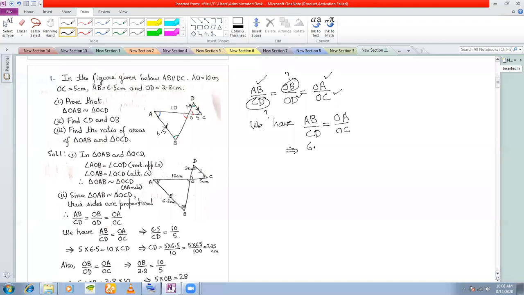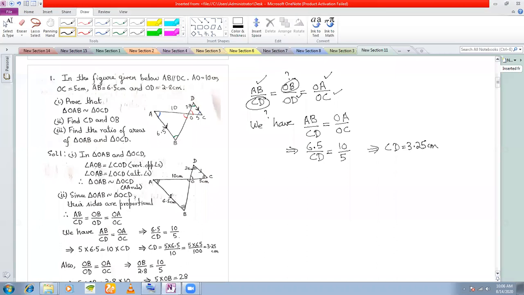AB is 6.5. CD you have to find out. OA they have given to be 10 and OC is 5. So you cross multiply and you find out CD to be 3.25 centimeters.